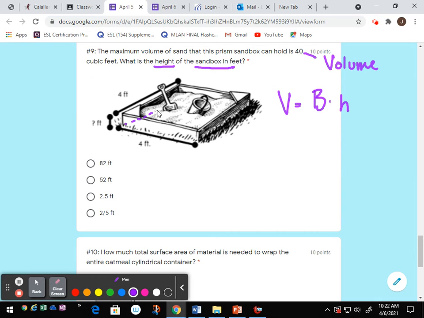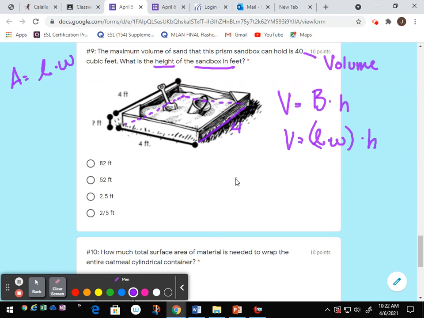We know the base is a 4 by 4 square. So this side's 4, this side back here is 4, and this side is 4. The area formula for a square is length times width. So volume is equal to length times width times the height.